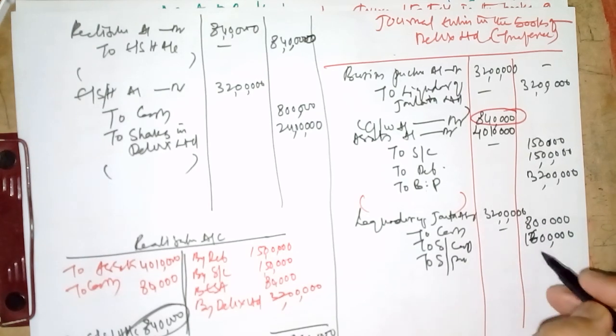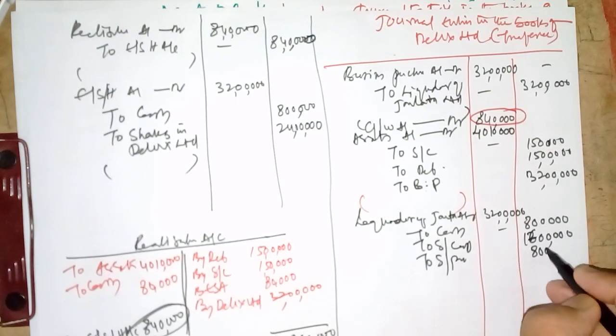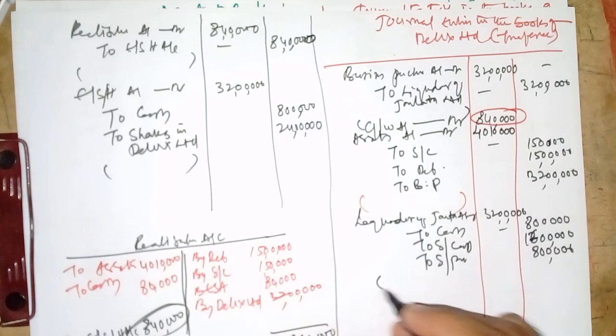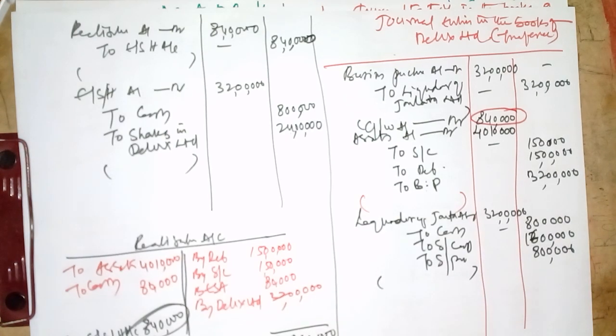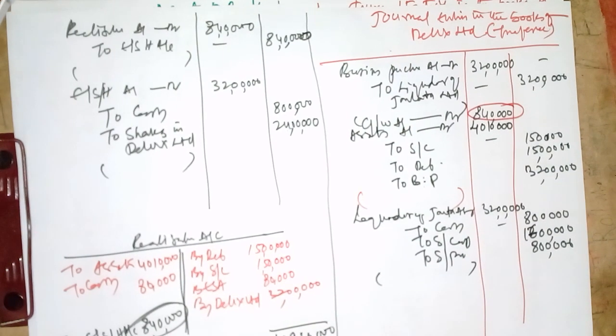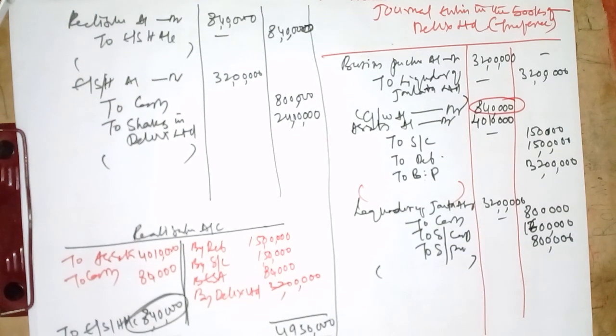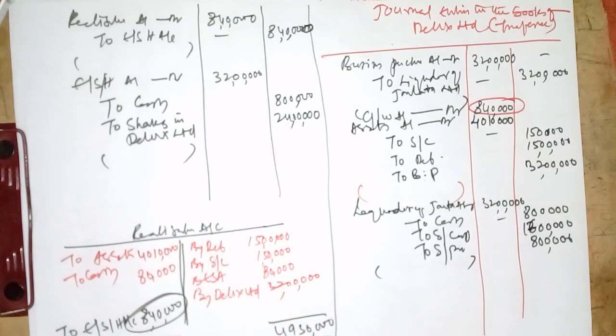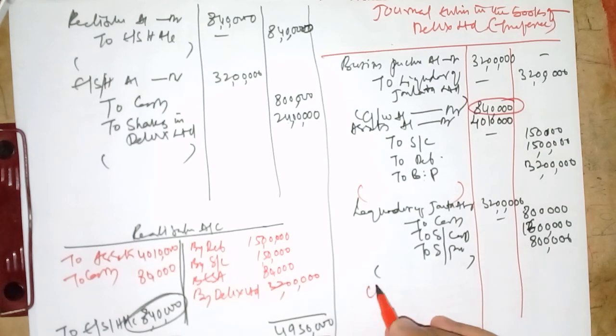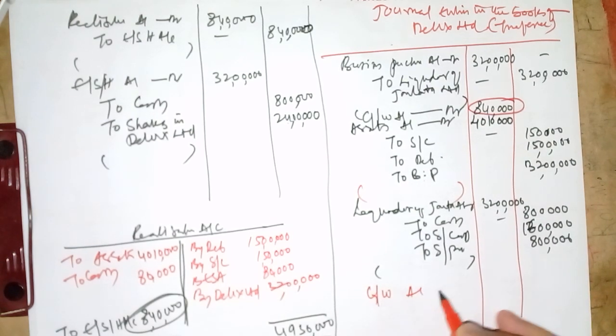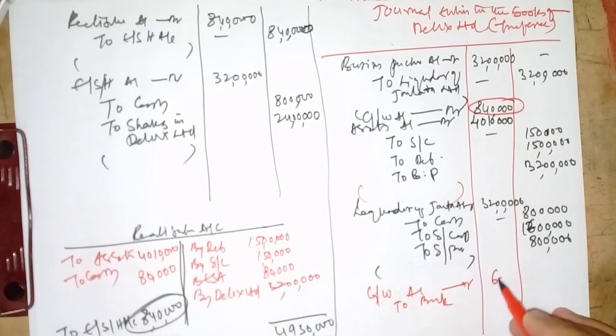Already we did in the calculation of PC, 8 lakhs securities premium. Then the next entry is liquidation expenses, that is 6,000. So the entry would be goodwill account debit to bank, how much? 6,000.